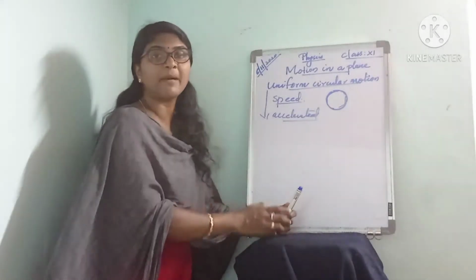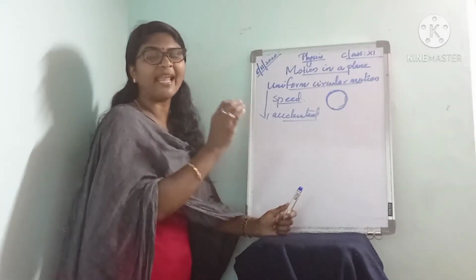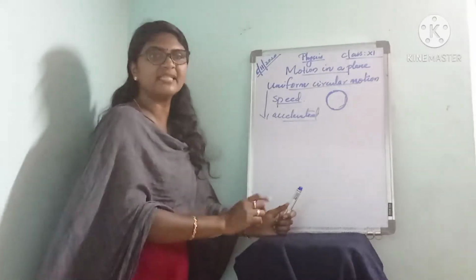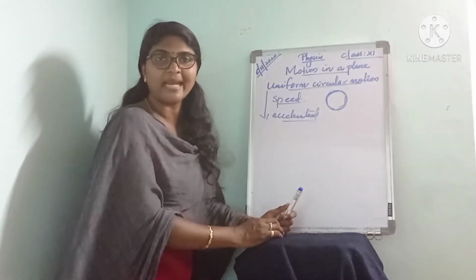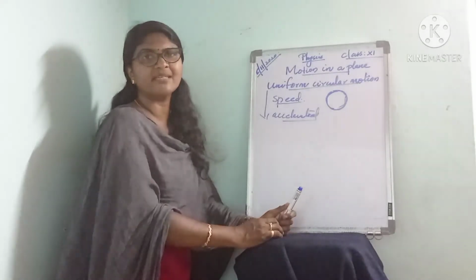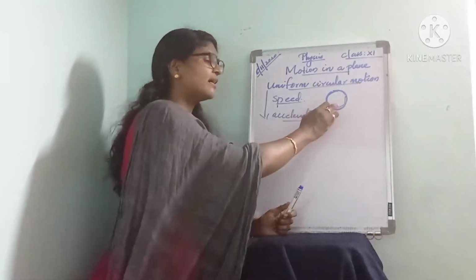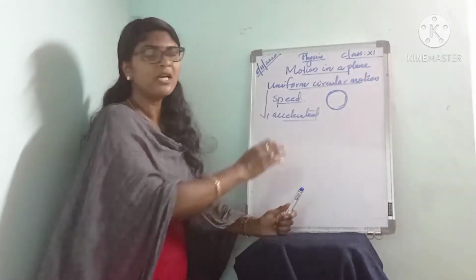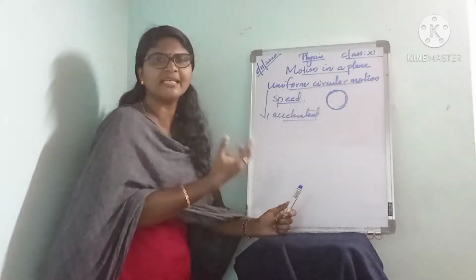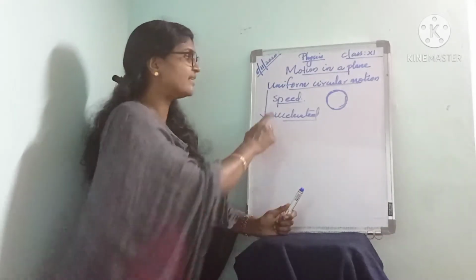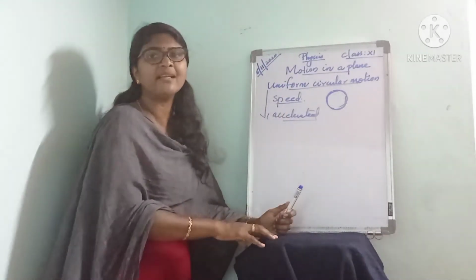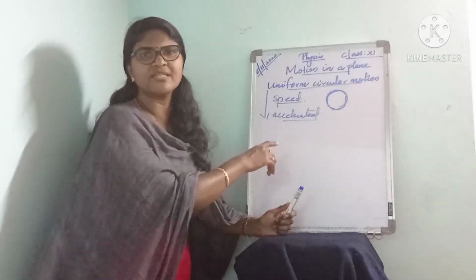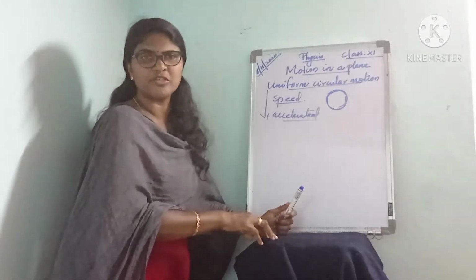Any change in velocity causes an acceleration. Due to the change of velocity, the object gets accelerated. So we can say that uniform circular motion is an accelerated motion.